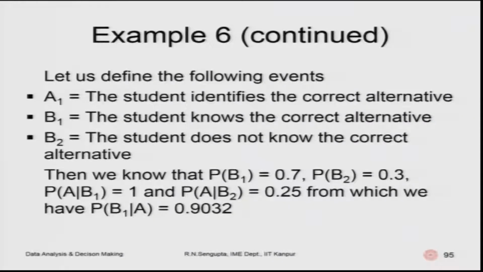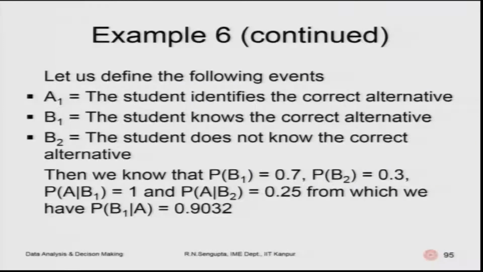Given the student knows the correct alternative, A1 is the event that the student identifies the correct alternative. Obviously, if he knows it, he will answer it correctly, hence the probability of A1 given B1 is 1. Now, let us come to the second piece of information. If the student does not know the alternative, that means he is not sure.